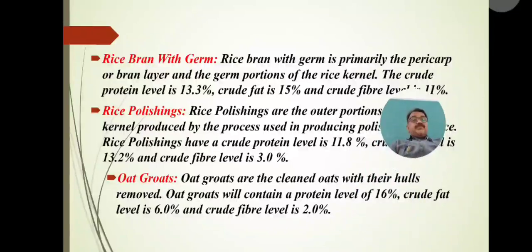Next, the meal byproduct is oat groats. Oat groats are the cleaned oats with their hulls removed.